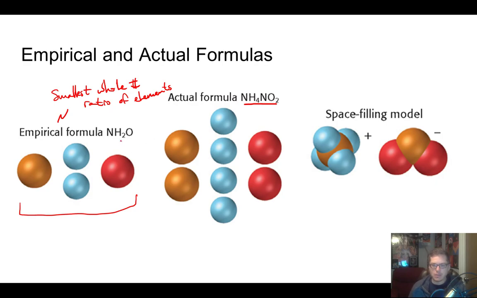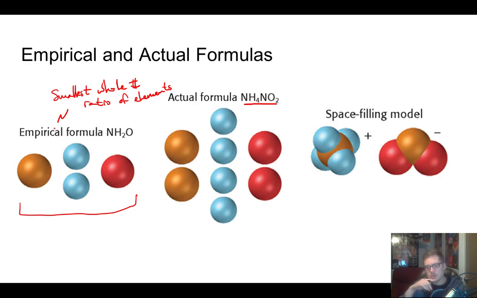Now the reason that we even care about this, there's a couple of reasons, but the main reason is that there's a machine called a mass spectrometer, and we talked about this really briefly when we talked about finding the isotopes of a compound. What a mass spec will do is, you give it a sample, and based on how it uses magnets to spin your elements through a tube, it'll actually tell you the percentage of how much of each element you have inside your compound.